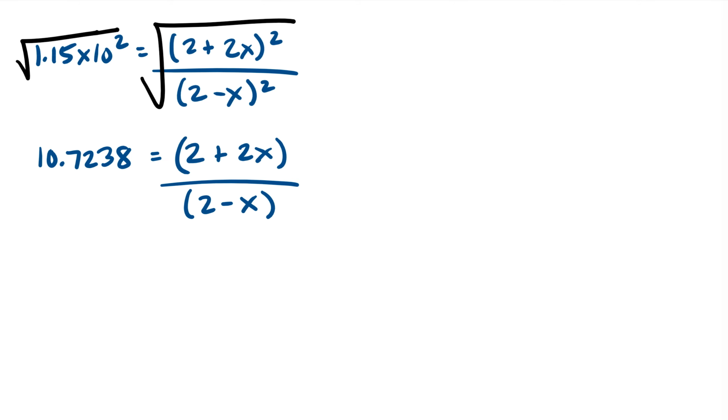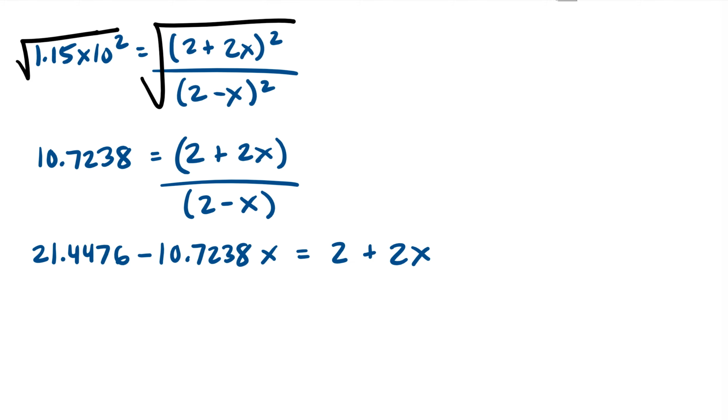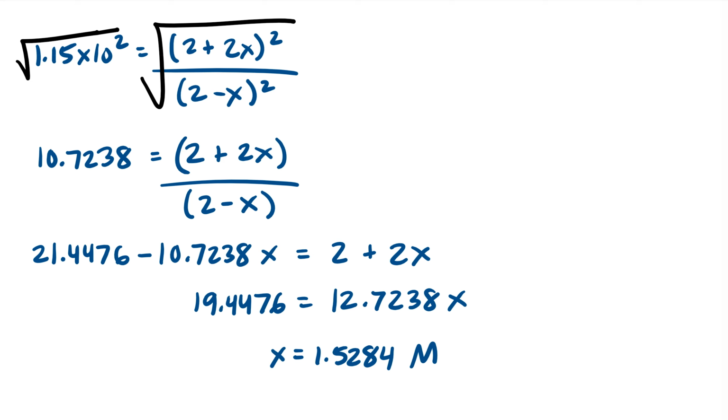After I take the square root, we're going to want to cross multiply and then solve for x. So x is equal to 1.5284 molar. We're now going to take this value and sub back into that ICE chart. And then you'll have your equilibrium concentrations for all the chemical species.